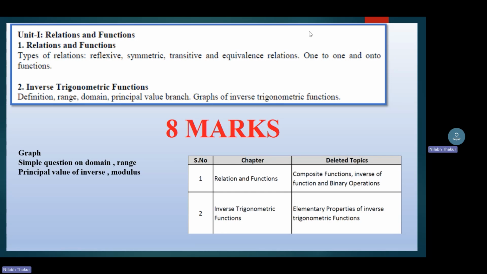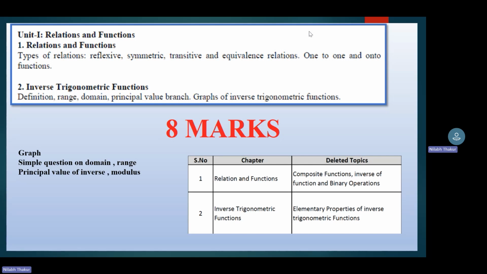In the second chapter, the inverse trigonometrical function, the graph of the inverse in the defined interval may come. In many of the previous years, there were questions on graphing the inverse, meaning sine inverse x, cos inverse x, in the given range like 0 to pi, pi by 2 to pi.